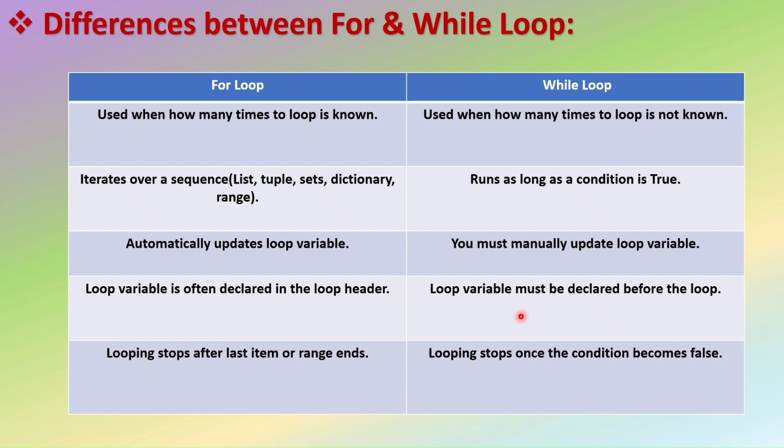But in case of while loop, instead of declaring the loop variable in the header of the while loop, we need to declare the loop variable before the loop is going to start. So in case of for loop, looping automatically stops after the last item or the particular range ends. But in case of while loop, looping only stops once the condition becomes false. So these are some major differences between for loop and while loop.